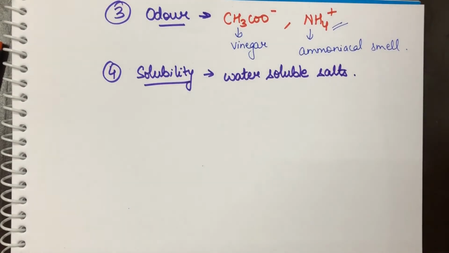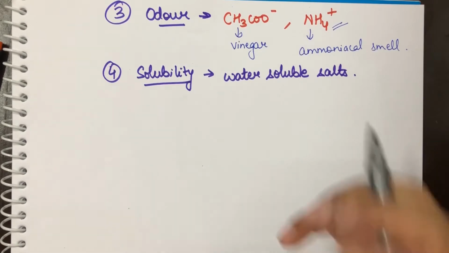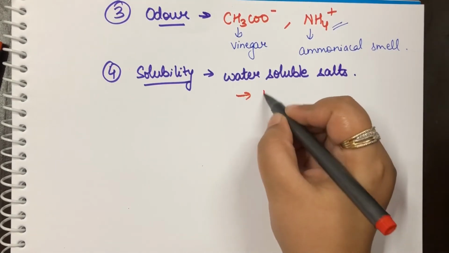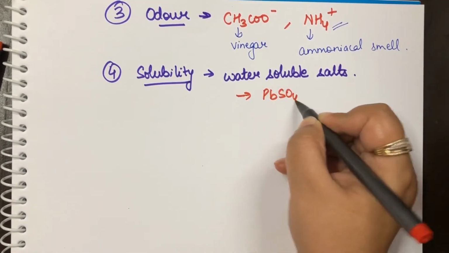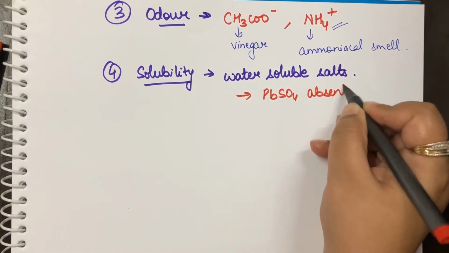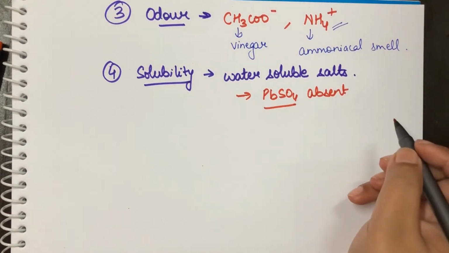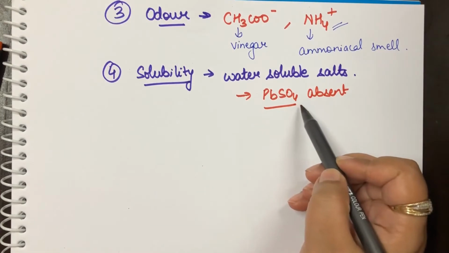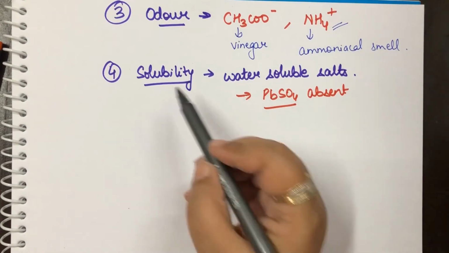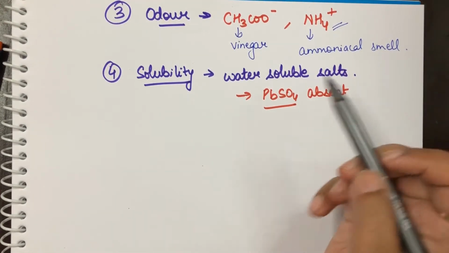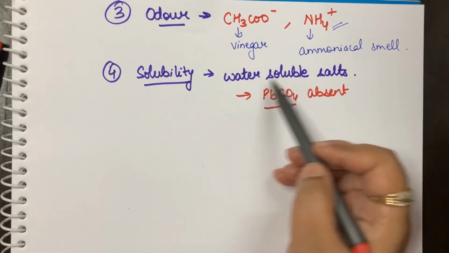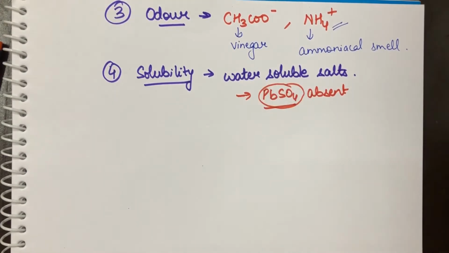So if you take a pinch of salt in the test tube and you add your water and your salt dissolves in it, then you have to be sure that salts like, let's say, PbSO4 are absent. That means your lead and sulfate as a combination will be absent, because lead sulfate is not soluble in water. So your solution would not have been soluble in the water. But since it was soluble, then this combination is absent.